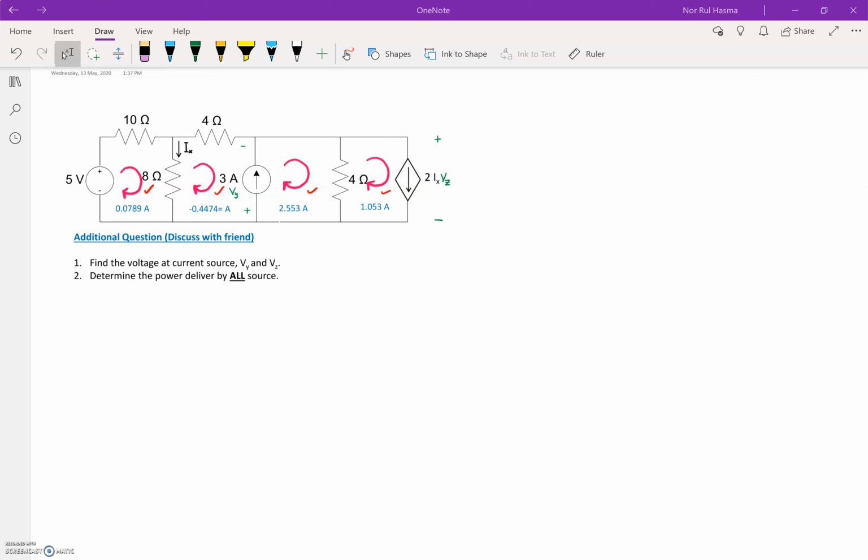This is the continuation of the example previously in the nodal. Then you have to find the Vy and Vz.